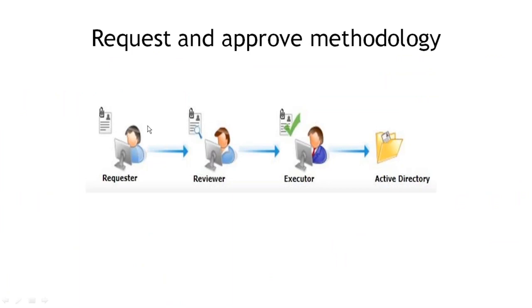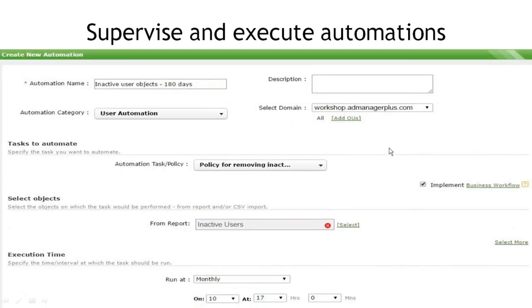So instead of a user raising a request, it is now the tool that is going to raise a request to you stating, hey, there are 15 inactive users and all of them are about to be deleted. So request you to review and then move forward. So you review it and then you hit execute. All those accounts will be deleted in Active Directory. So that's what I was referring to as supervise and execute automations.